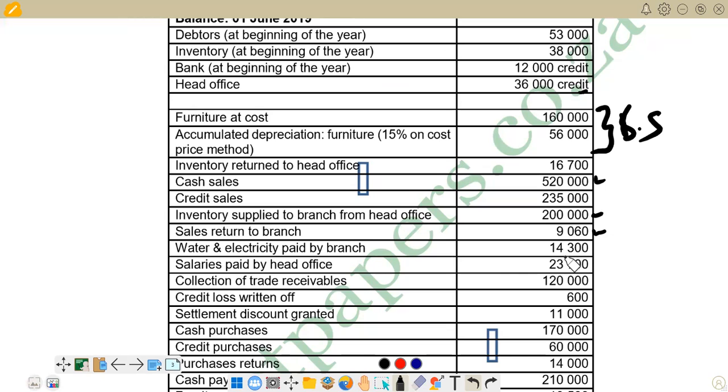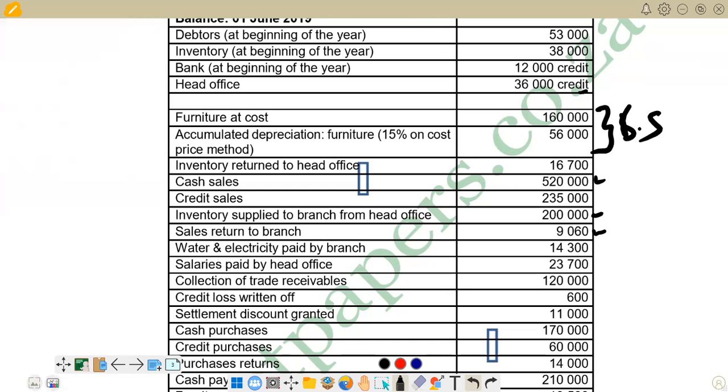So we go to the branch bank account on the credit side, and we credit the branch bank account 14,300, and then we debit water and electricity account as an expense. But we do not have a water and electricity account as an expense on the required part. So we are going to skip that one. We're just going to credit the branch bank account 14,300.